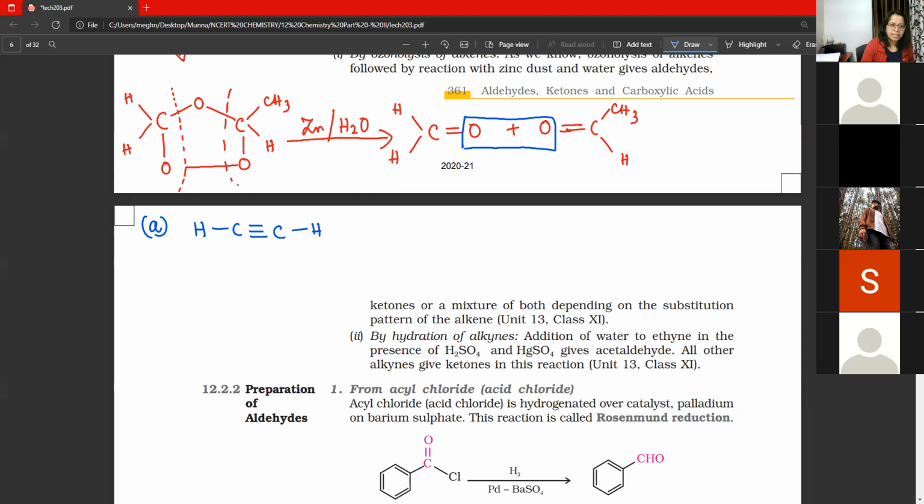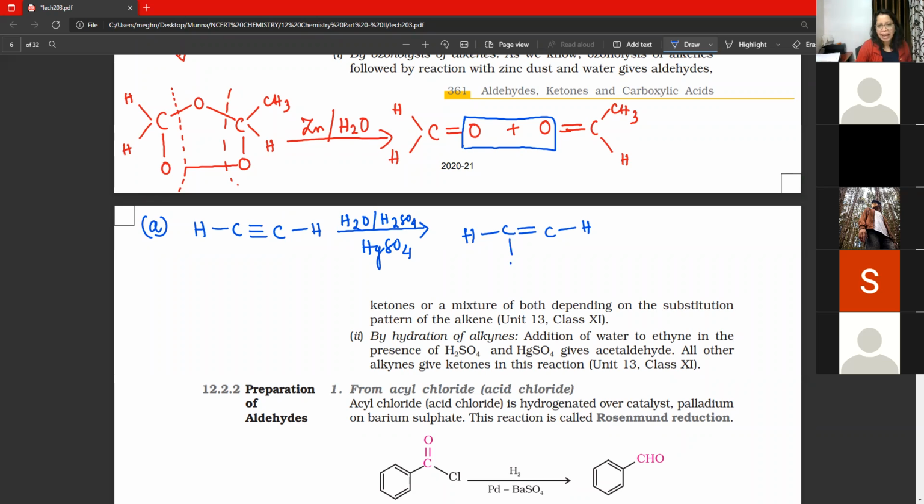Common name of this compound is acetylene, or you can say ethyne. This one, in presence of water and H2SO4, as well as HgSO4, it produces a compound which is called enol. See, out of two pi bonds, one is going to break.